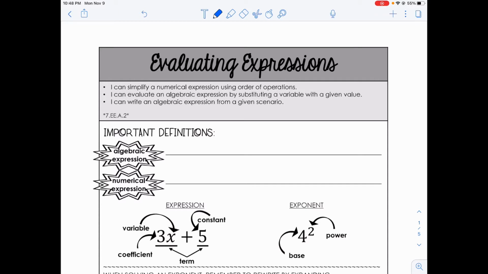Some important definitions for evaluating expressions. First one is algebraic expression. An algebraic expression is a mathematical expression with variables, numbers, and operations.